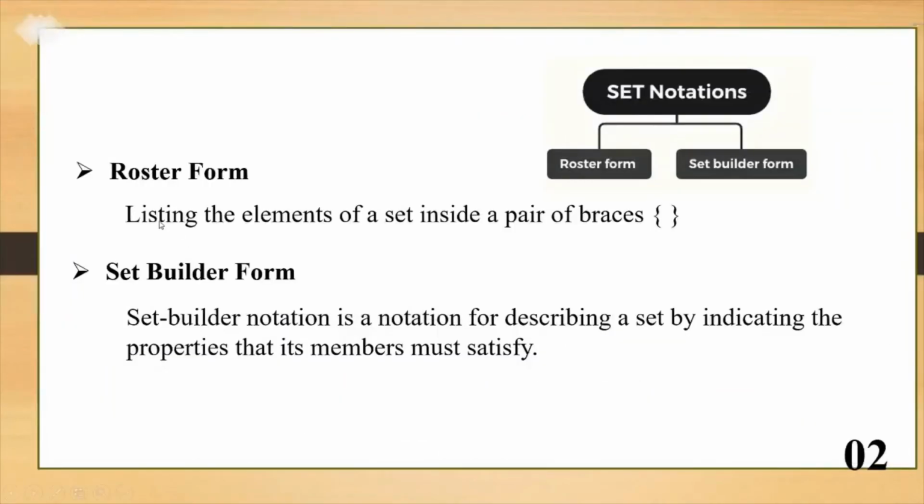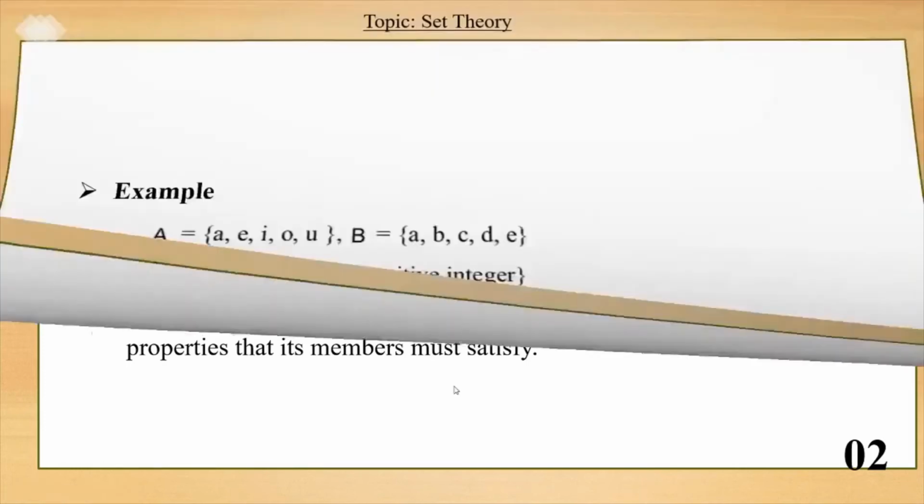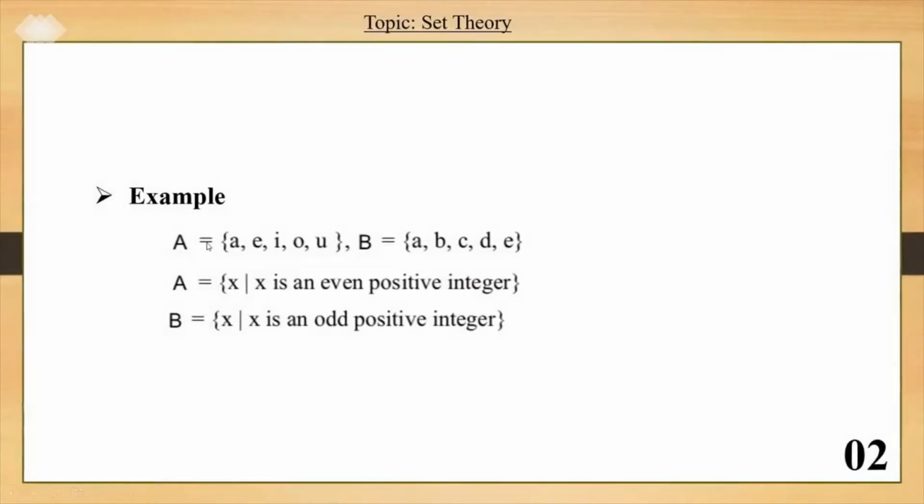Roster form means listing the elements of a set inside a bracket. Suppose we have a set S, then we have to write what the set S is, or what the members of the set S are.